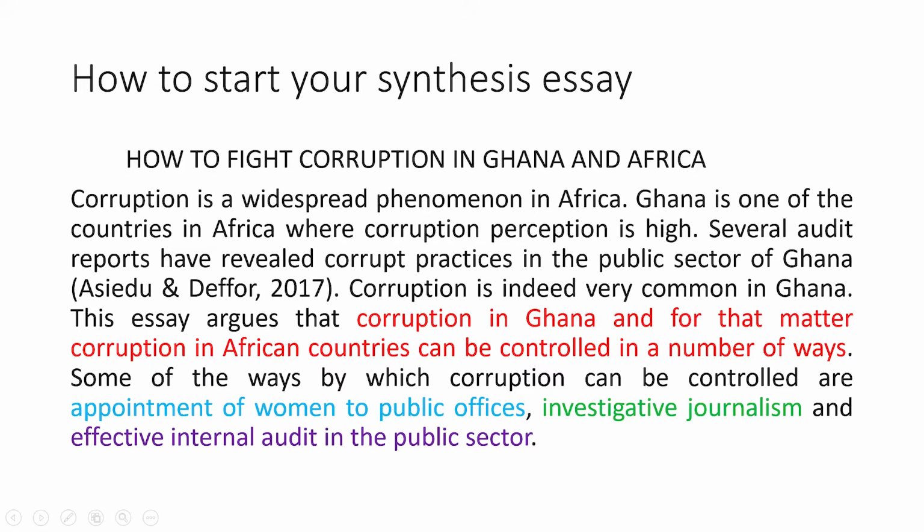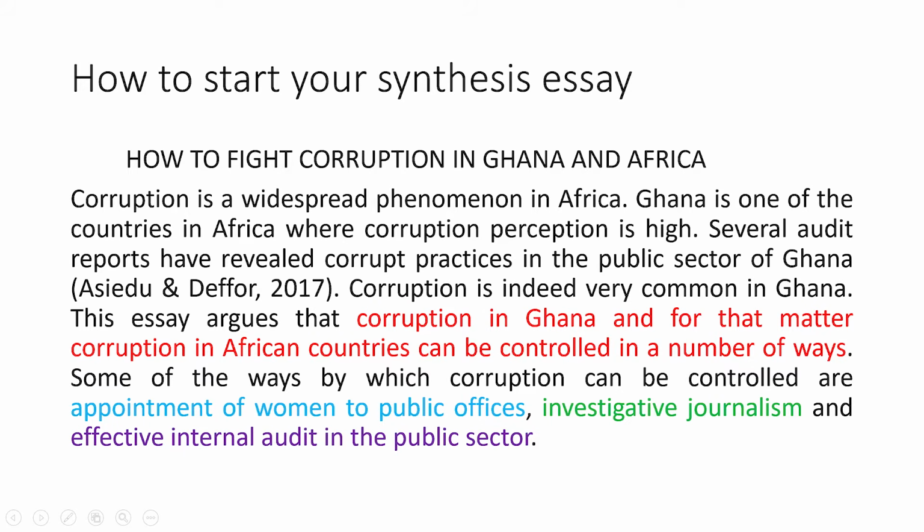This essay argues that corruption in Ghana, and for that matter, corruption in African countries, can be controlled in a number of ways. Some of the ways by which corruption can be controlled are appointment of women to public offices, investigative journalism, and effective internal audit in the public sector.